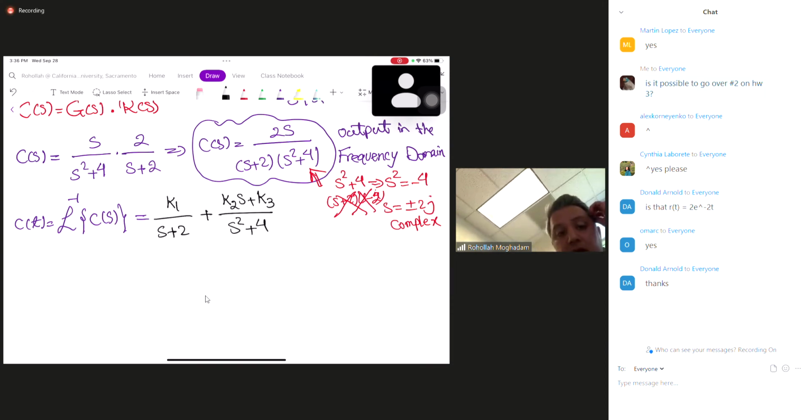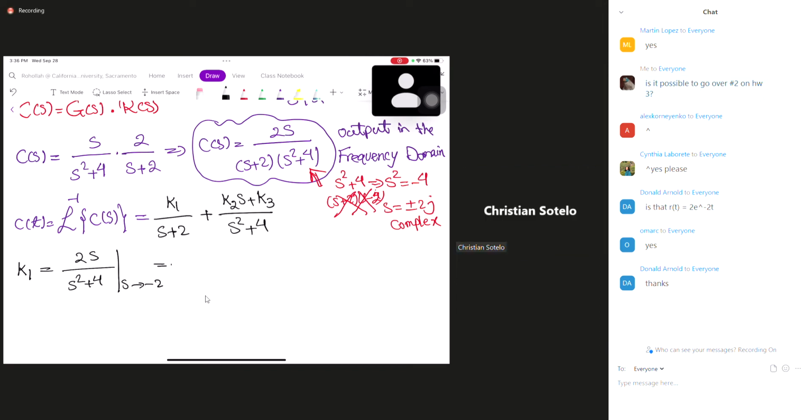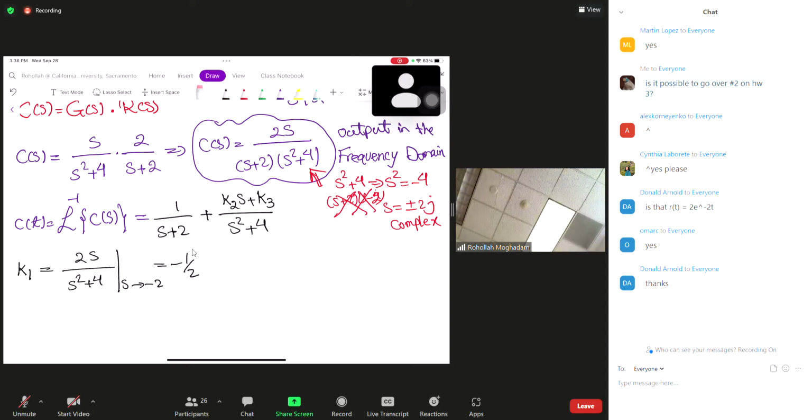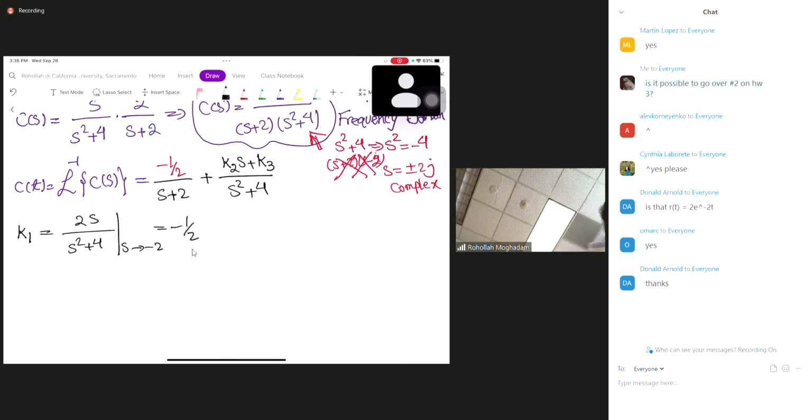So we can find k1. What is the value of k1? You know that k1 is 2s over s squared plus 4 when s goes to -2. What is that value? Is it -1/2? Exactly, it's -1/2. I'm going to take this out, put -1/2 here, right? So then if we do cross multiplication here, I'm just going to write the equation.